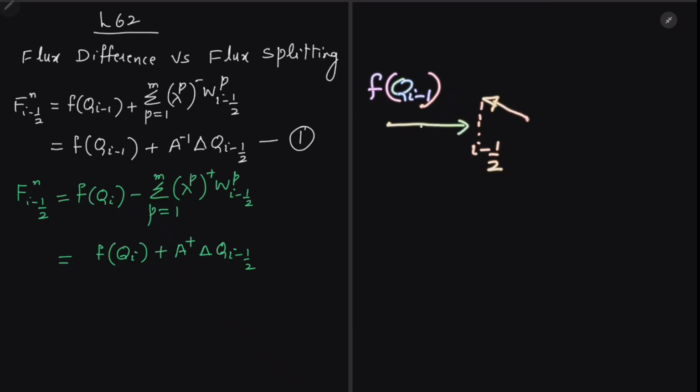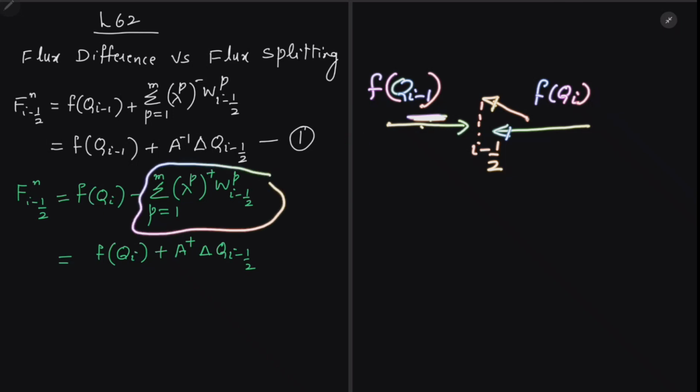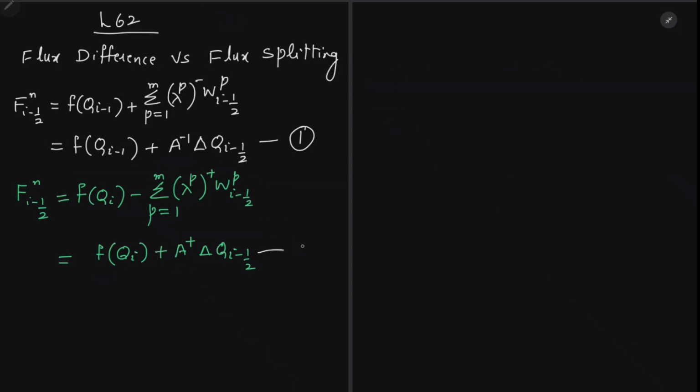But if the wave is from right to left, for example f of q i, then in that case you need to subtract the left waveform. That is what we are doing over here. We are subtracting in the case when the flux is at q i. In the a plus and a minus form, it is written over here. So this becomes equation number 2.